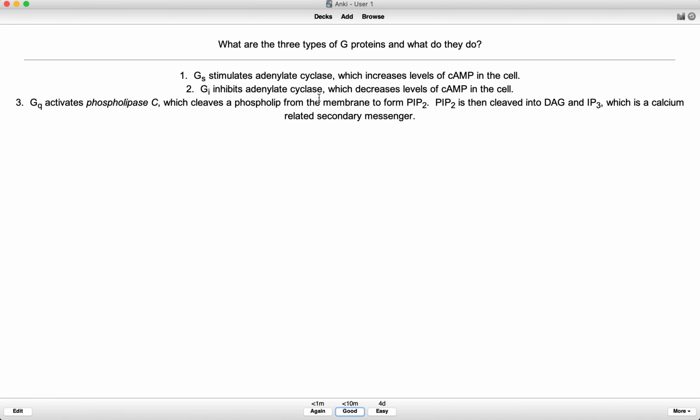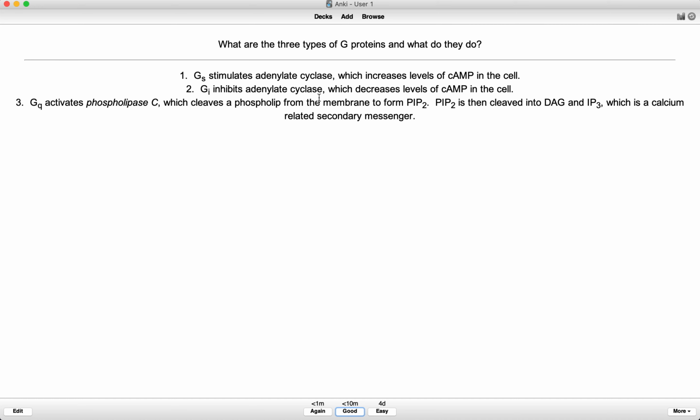The three types: GS, GI, GQ. Phospholipase C cleaves a phospholipid from the membrane to form PIP2. GS stimulates adenylate cyclase, which increases levels of cAMP.